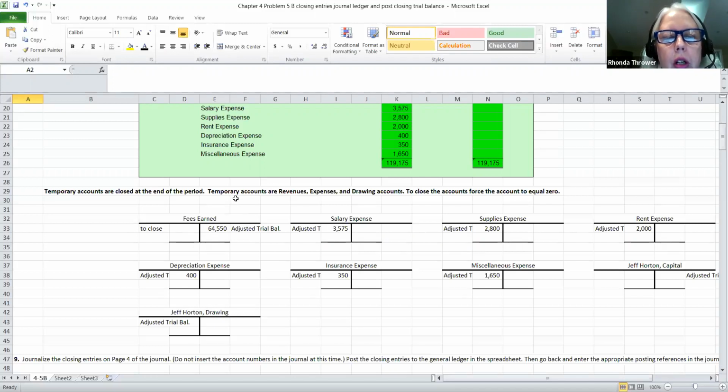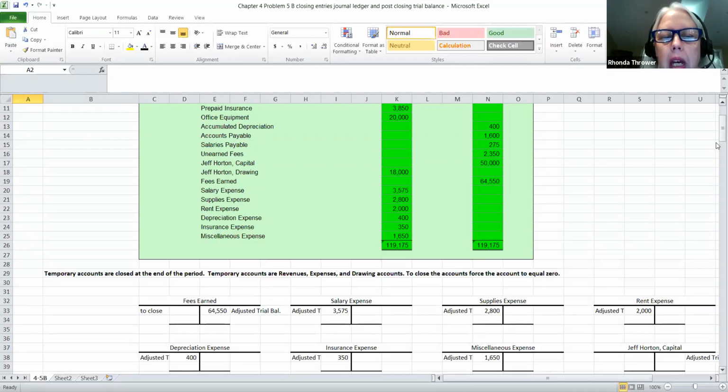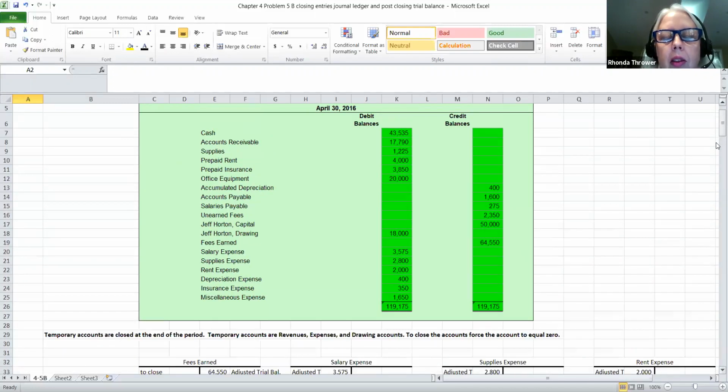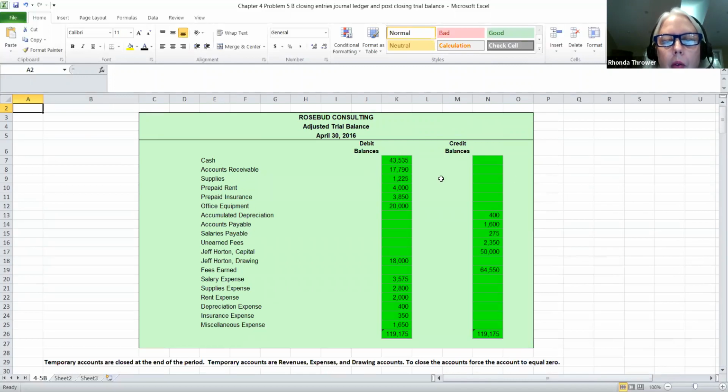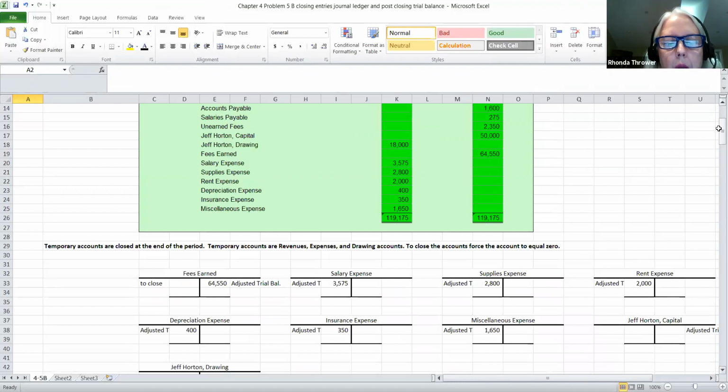We're going to close out our temporary accounts starting with revenues first. We only had one revenue account in this particular problem. On our adjusted trial balance, we can find the revenue amount. Our revenue account is fees earned, and the amount is $64,550.